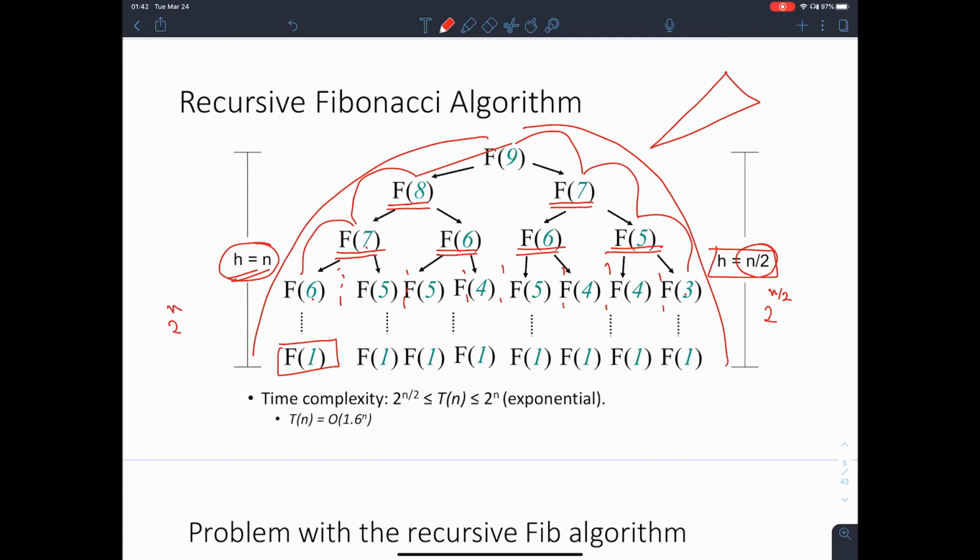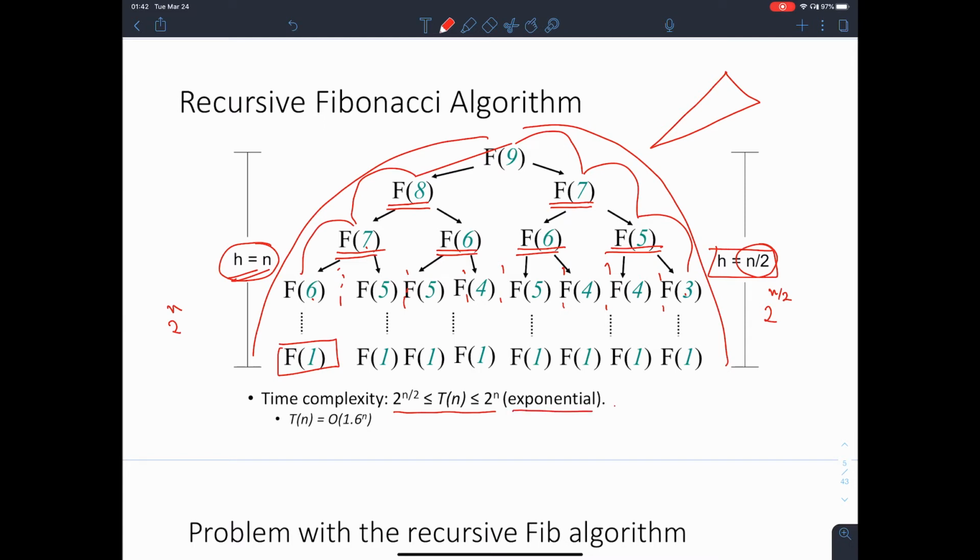But our tree does not have exactly 2^(n/2) nodes, and it may not have 2^n nodes either. So in terms of our tree, the number of nodes will be between 2^(n/2) and 2^n. In other words, the runtime of our algorithm will be exponential.